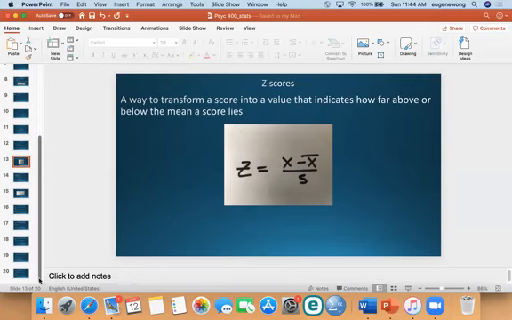Now we have meaningful information because we can say, oh, the 41 is above average, the 41 is below average, or the 41 is right at average. If we didn't have the z-scores, we would just have this 41, but we wouldn't be able to do anything with it in terms of giving it meaning.